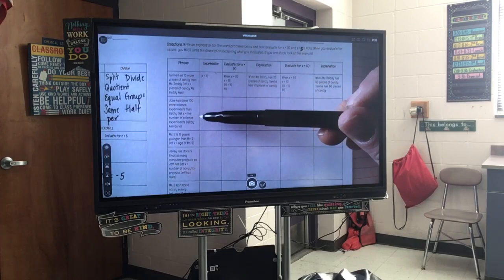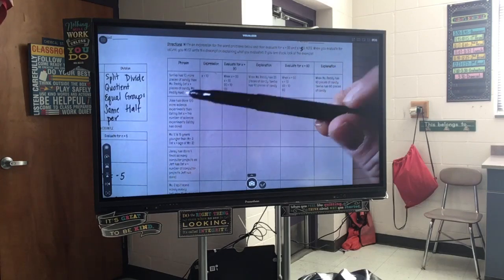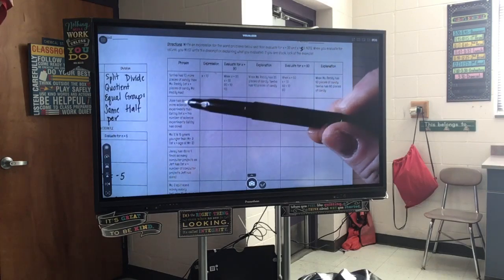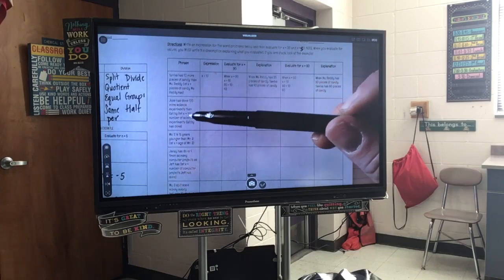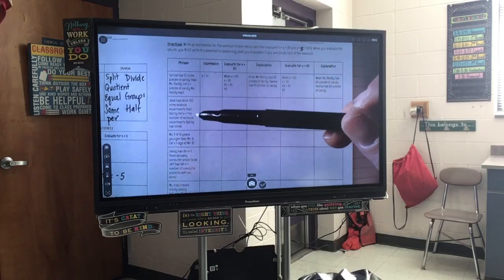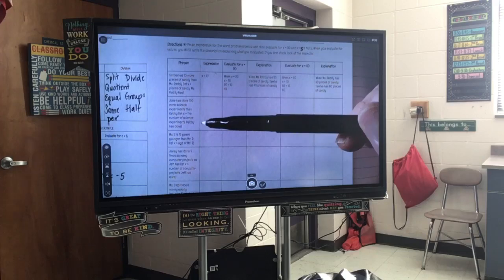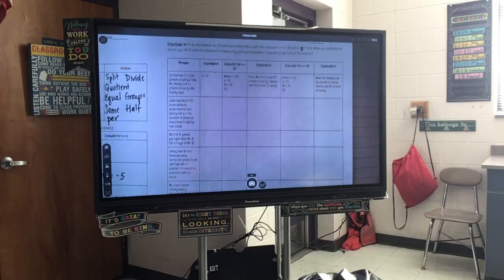So Jose has done 100 more science experiments than Gabby. Let x equal the number of science experiments Gabby has done. So what is our expression going to look like? Nope.